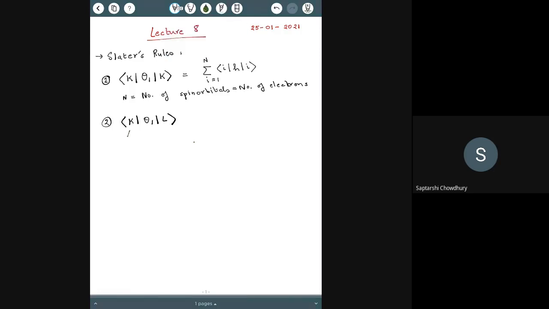K has all same spin orbitals except one. Let's say the mth spin orbital is replaced by the nth spin orbital in determinant L. So K and L differ by one spin orbital.